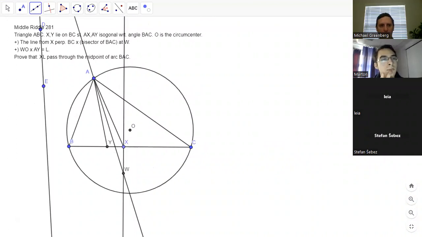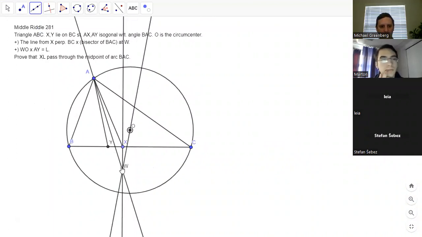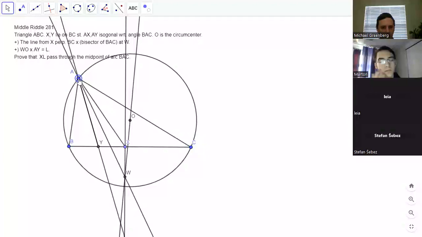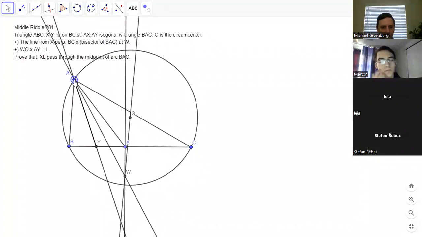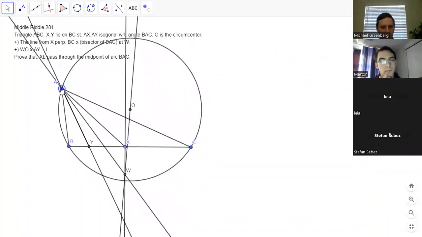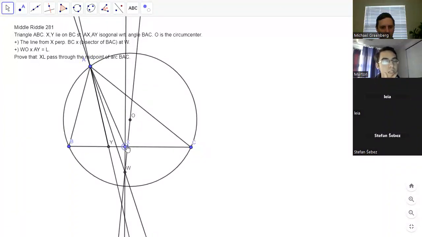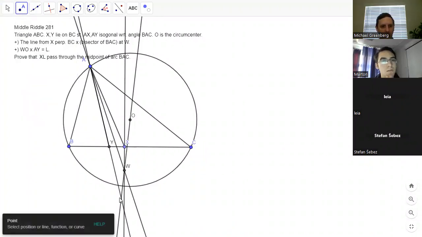So WO, we want to see where it intersects AY. If I change this triangle a little bit, it might make things easier. I don't know if I want to make it an obtuse triangle or a taller triangle. Let's see what makes a good diagram. So this is L.